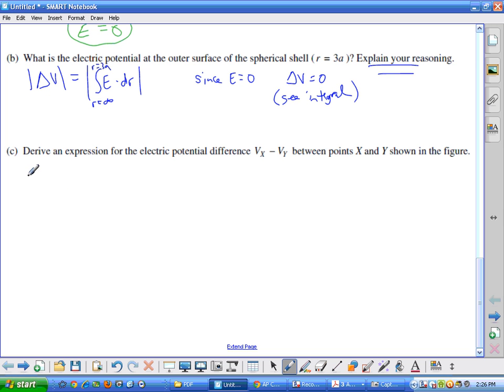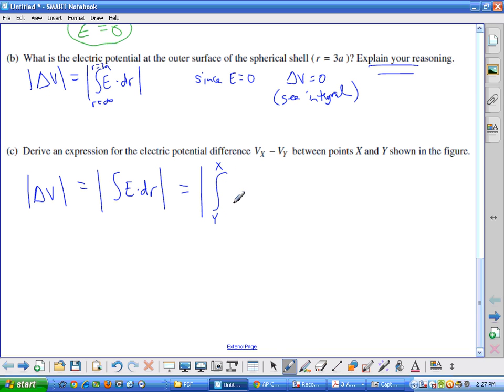And so again, the magnitude of the voltage difference is the magnitude of the integral of E dot dr. This is going to be the absolute value of the integral from y to x.